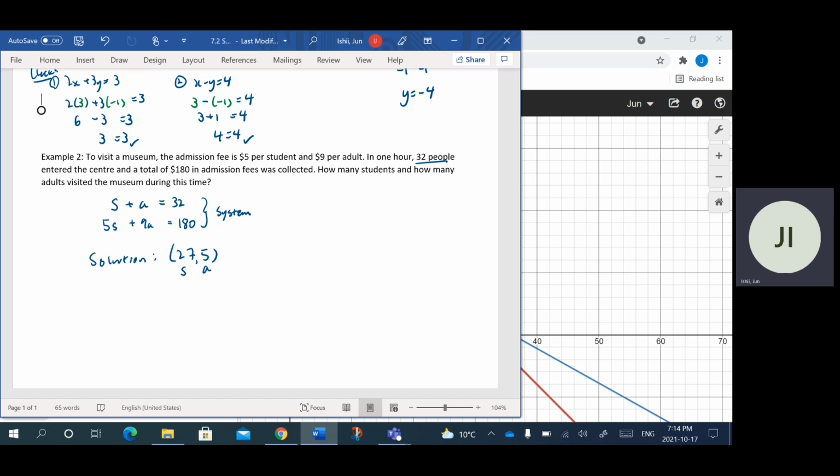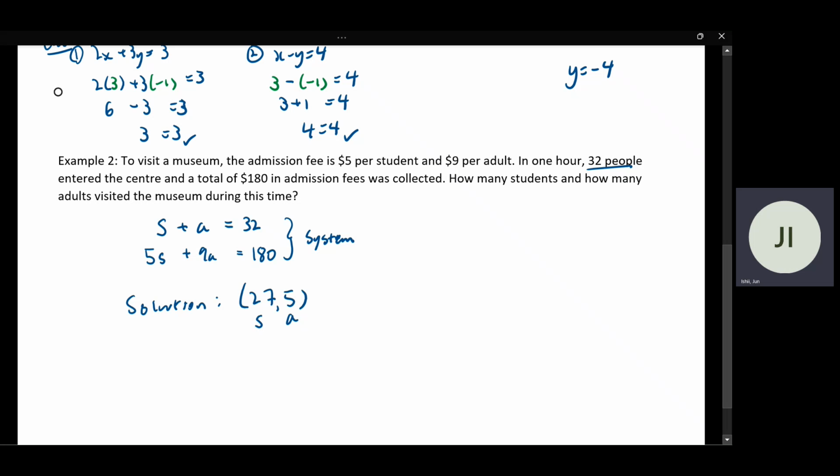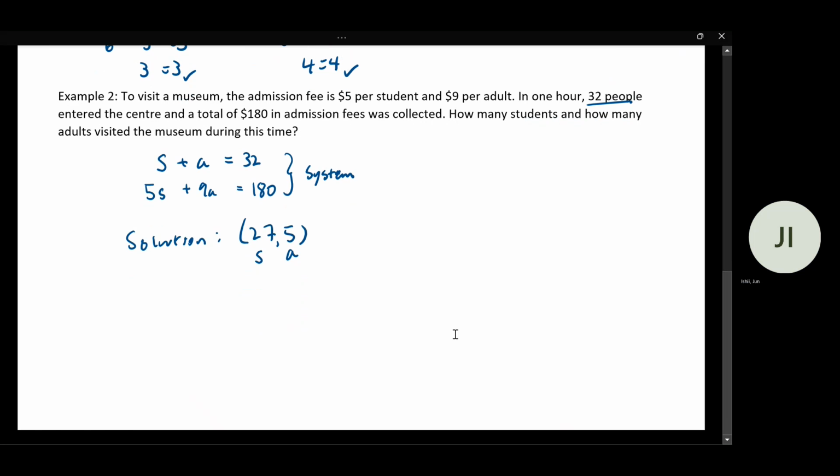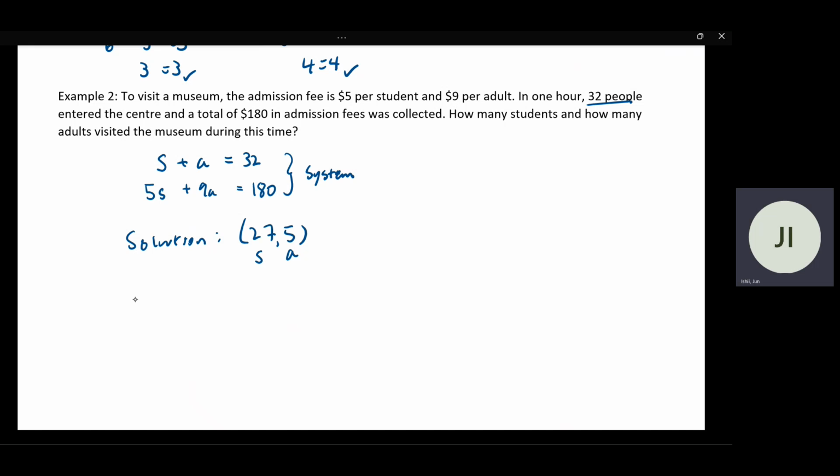So there were 27 students and 5 adults that visited the museum during that time. Now I can also check or verify. We verify by plugging these into the equations.